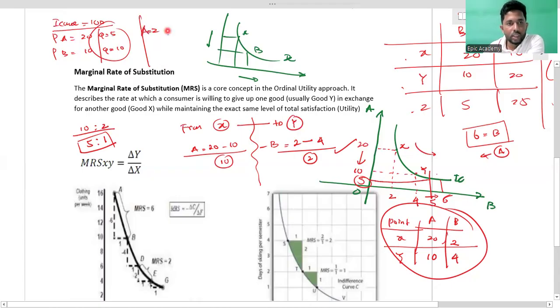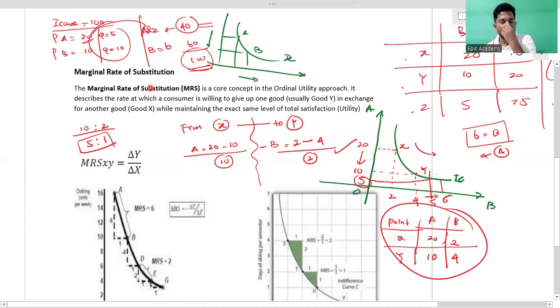So how much does this person spend? 40 rupees, because the price of the A commodity is 20. Then he has only 60 rupees left. How much can he consume from B commodity? 6, because the price of the B commodity is 10 rupees, and 10 multiplied by 6 becomes 60. So 100 rupees is there.